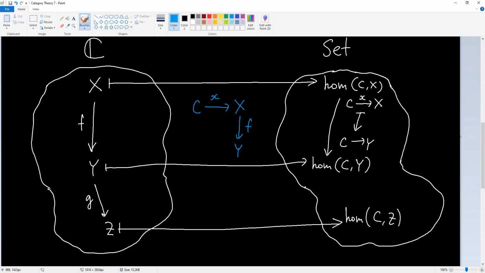That's right. But we will actually think of that thing as f of x, because now we are thinking of small x as a kind of generalized element of X. So the composite f x.